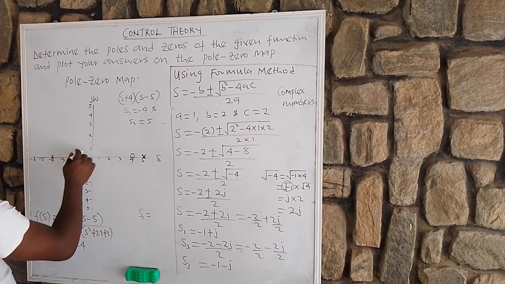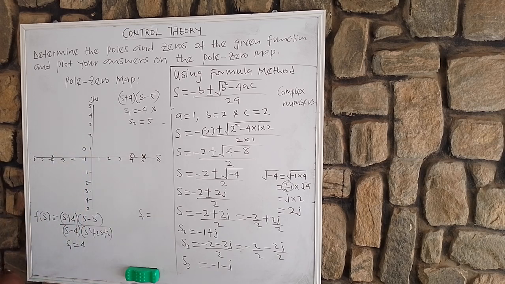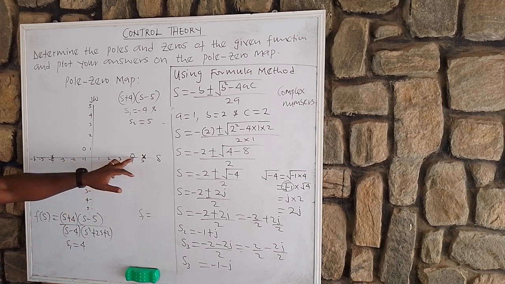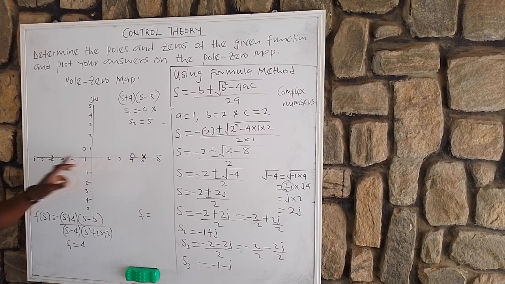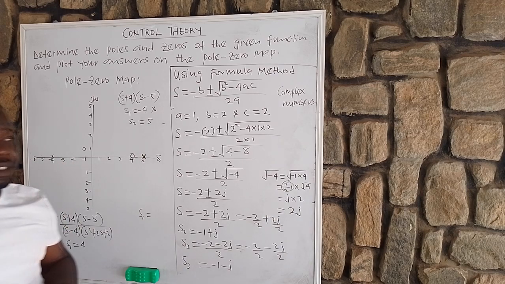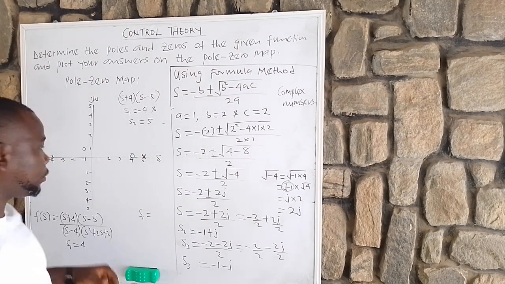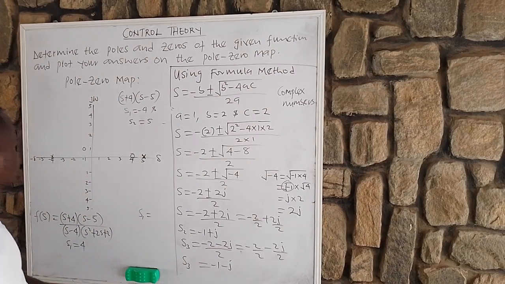So just here and here, use this. This is how you are going to plot. It means this one is for the pole, and this one is for the zero. That is the difference. So this is how you are going to plot this type of map.